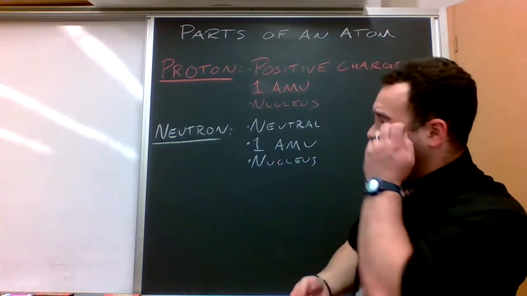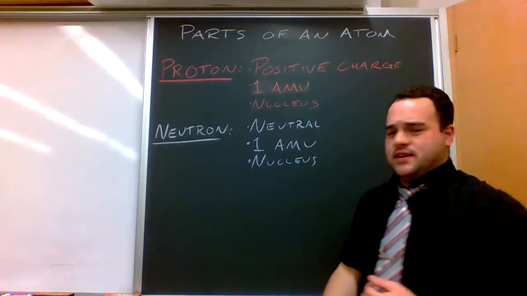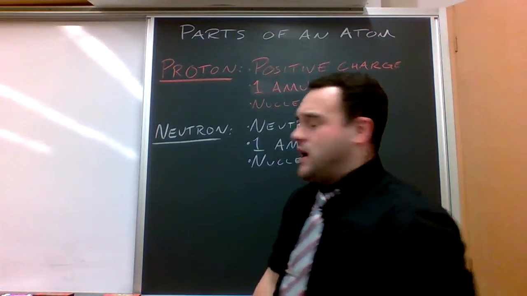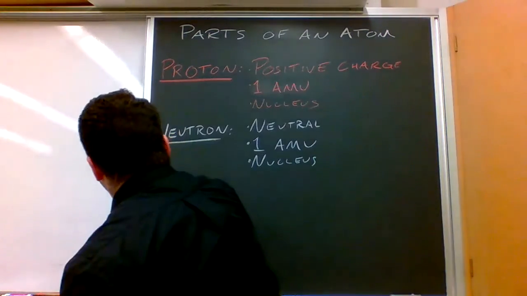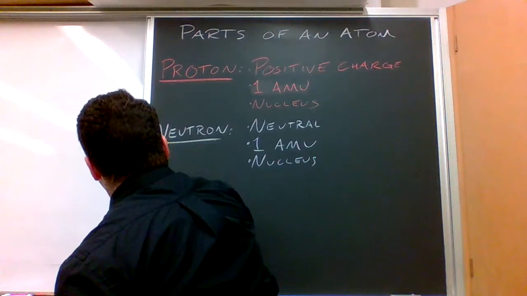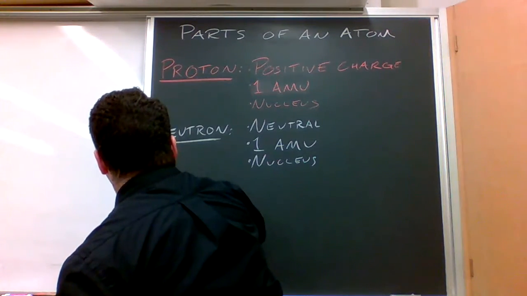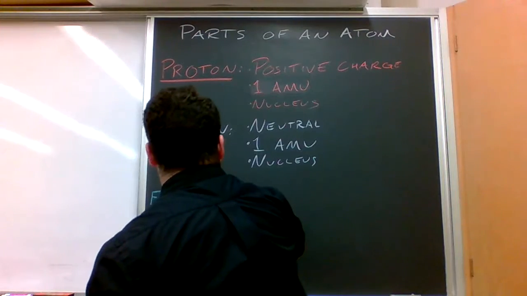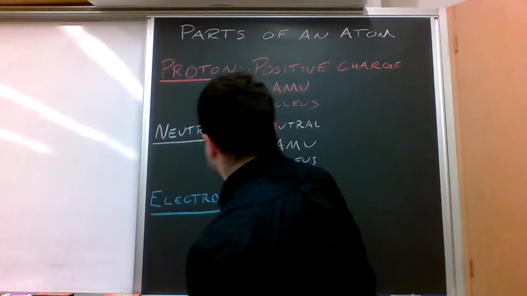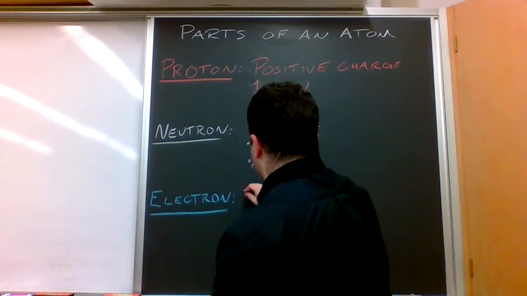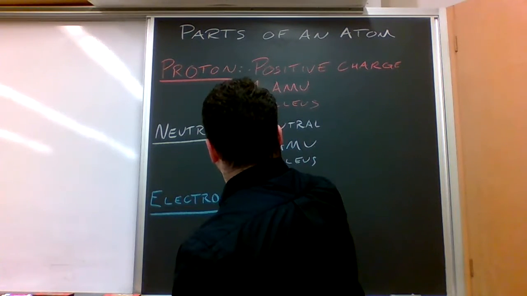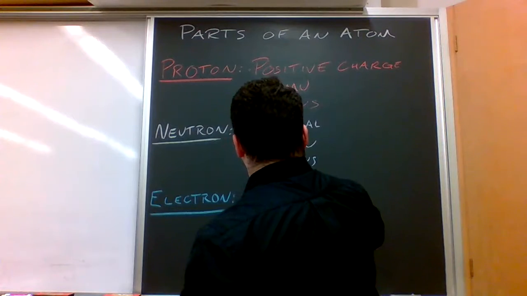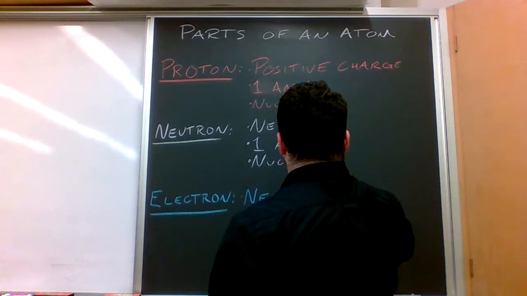The third particle is one of the most interesting, and that's because it is the one that does all the fun stuff in chemical reactions. We are looking at the electron. These have a negative charge.